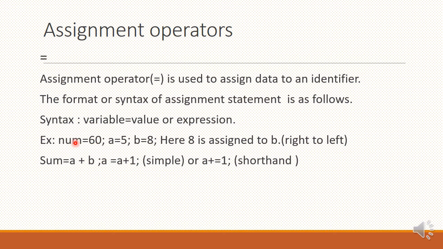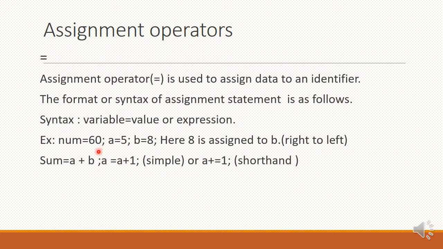Num is one variable. A is also a variable. B is also a variable. Whenever you assign a value, it is necessary to declare the variables. Before declaration, it is not possible to assign the value.